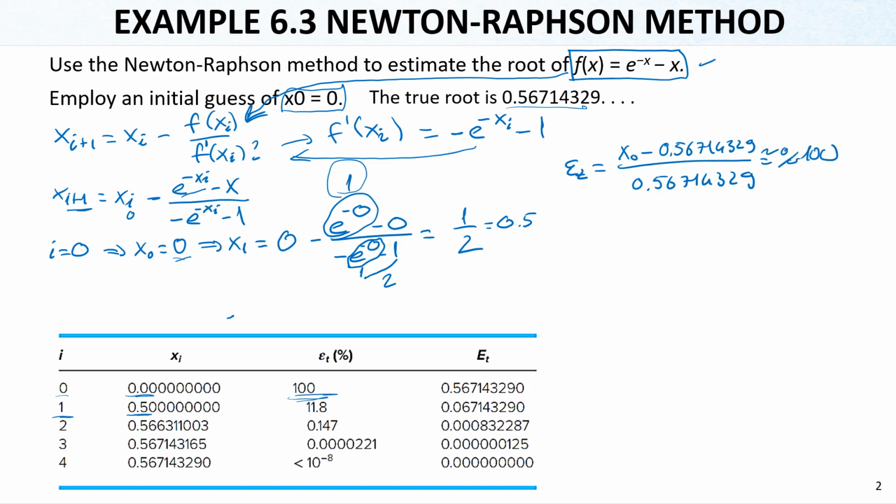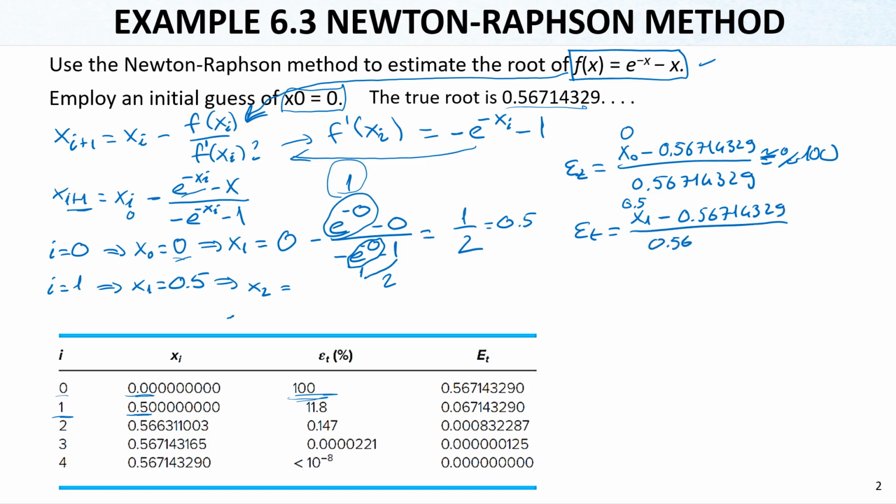Then for 0.5, now we are at i equals 1, then x1 is 0.5, and we can calculate x2, but let's calculate epsilon t for x1. So x1 is 0.5 minus 0.56714339, the true value, divided by the true value.